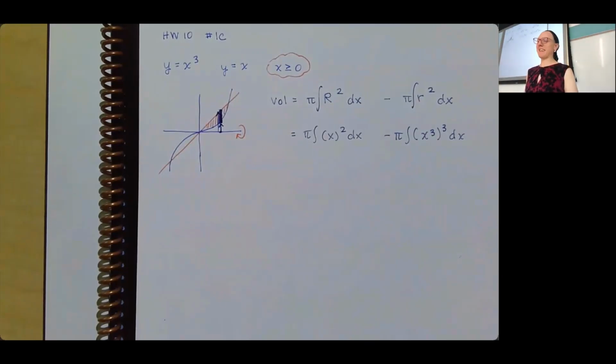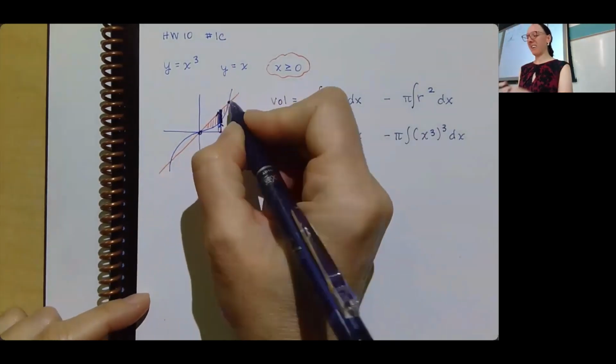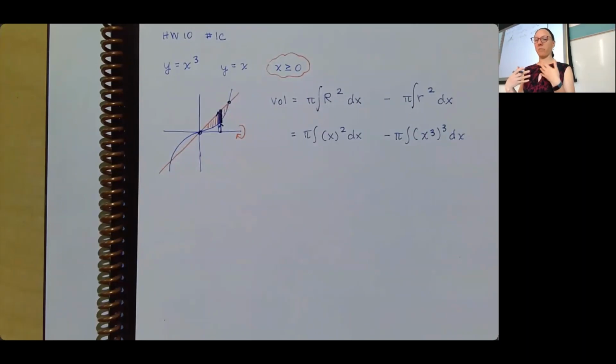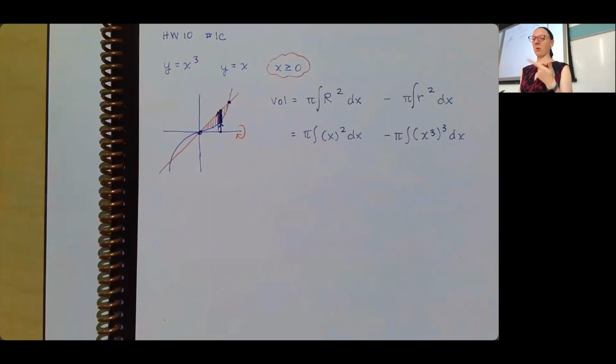But really the question I was asked was, how do you find the bounds? In this case, because I know that I'm looking for the region bounded by these two functions, I'm going to find the bounds by setting the functions equal to each other and figuring out where they intersect. You might be able to just look at those and know that they intersect at 0 and 1.